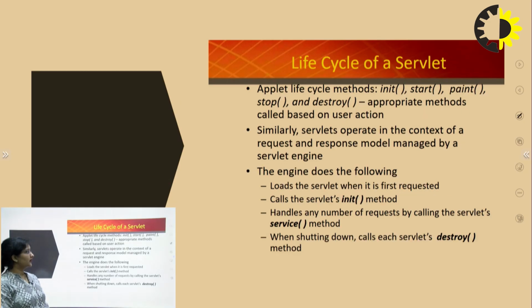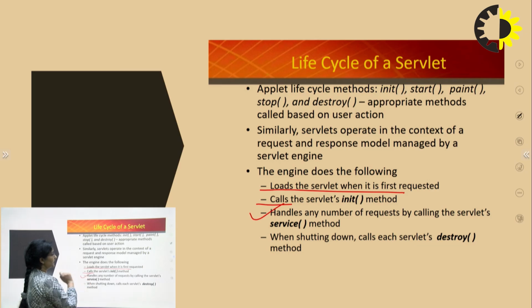The life cycle of a servlet is more or less like an applet: init, start, paint, stop and destroy. That was the life cycle of an applet. Similarly, a servlet also operates in a request-response mode. It loads the servlet when it is first requested, then calls the init method. It handles any number of requests by calling the servlet service method.